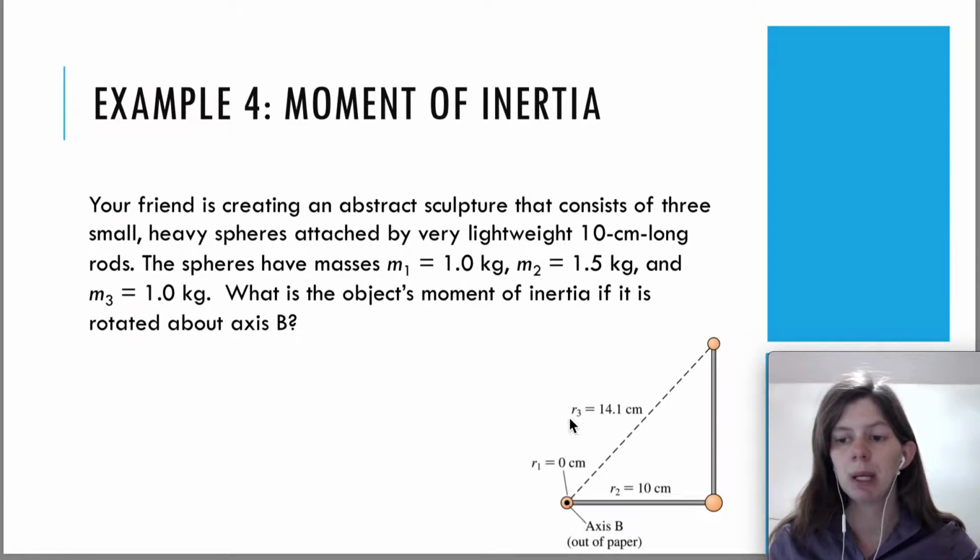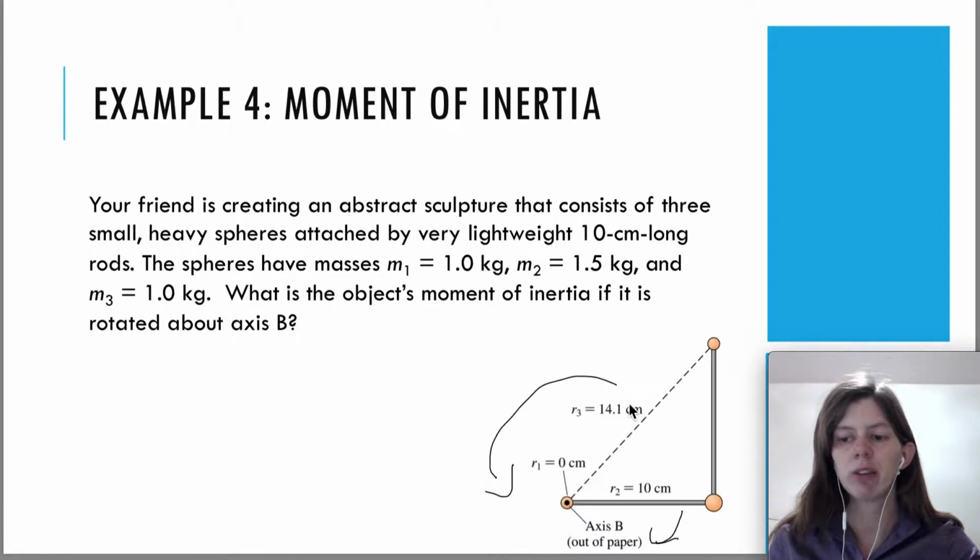Instead of being right here, a vertical line, axis B is at the location of that first mass, but it's coming out of the paper. Imagine a stick coming out of the paper toward you. That means the object can now be rotating this way or this way, clockwise or counterclockwise.